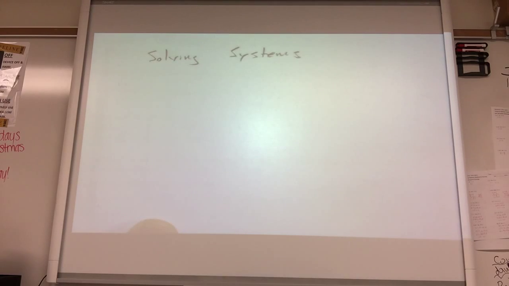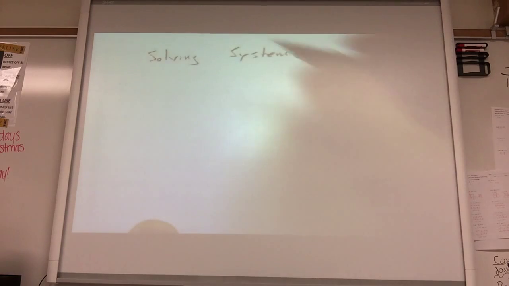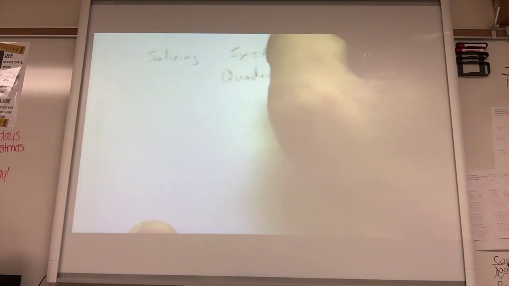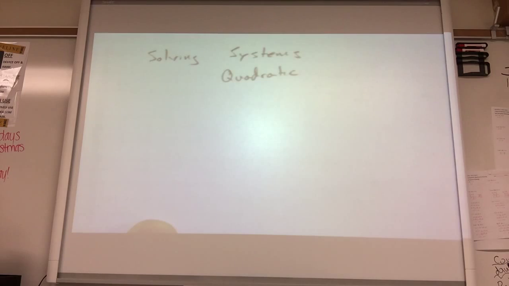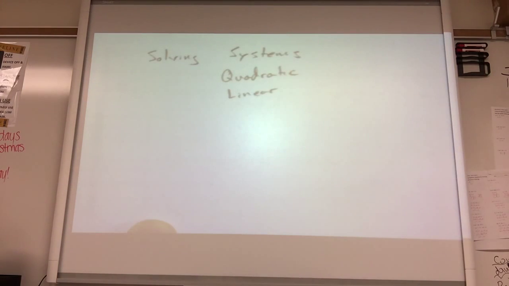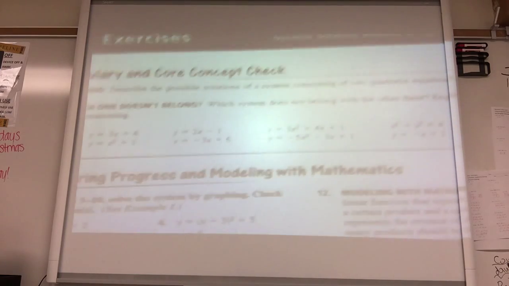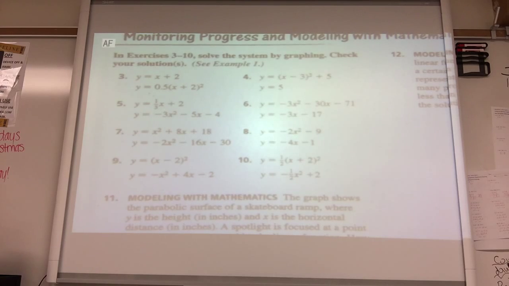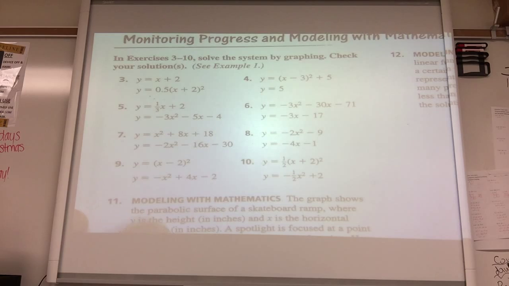So solving systems with a quadratic, sometimes it's going to have a quadratic and a linear. It might be two quadratic equations that we're solving a system for. But the focus today is not really going to be linear systems. But remember, a system is pretty much just multiple equations in one group that share the same variables.